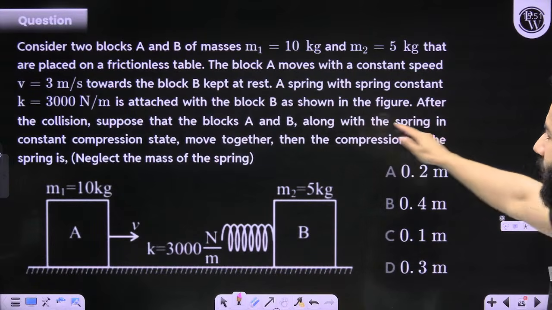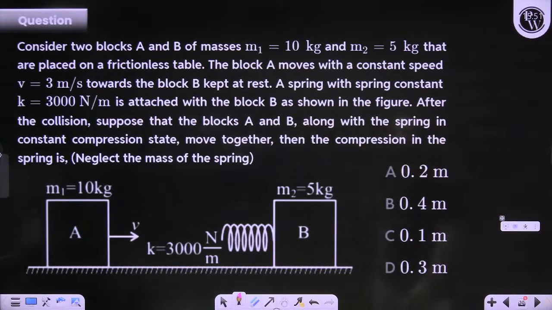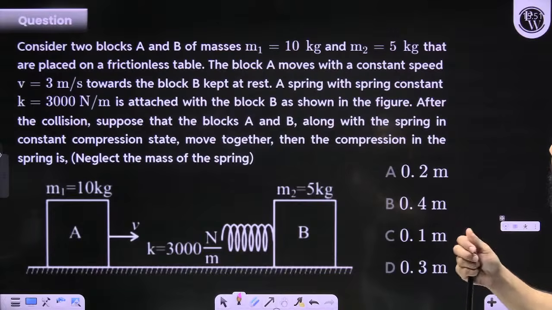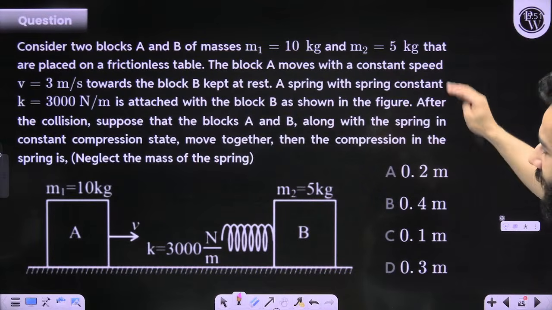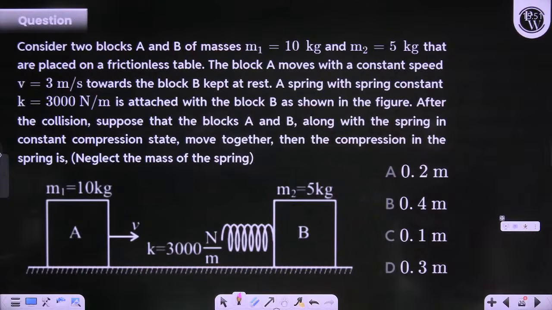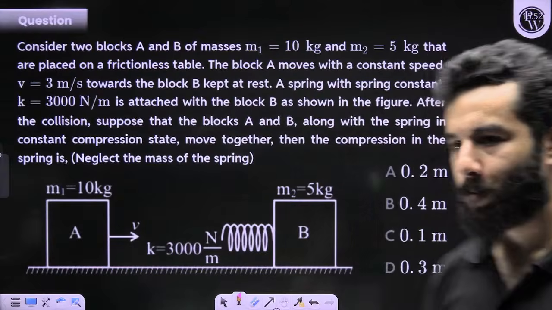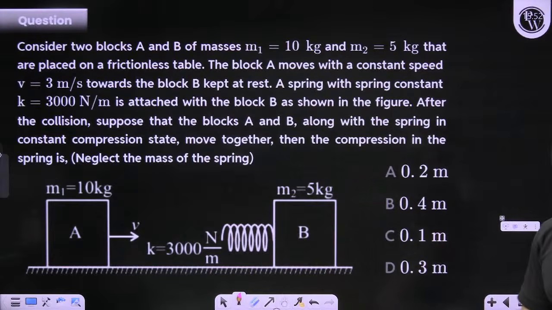A spring with spring constant of 3000 Newton per meter is attached with the block B as shown in the figure. After the collision, suppose the blocks A and B, along with the spring in constant compression state, move together, then the compression in the spring is. Okay, we have to find out the compression.